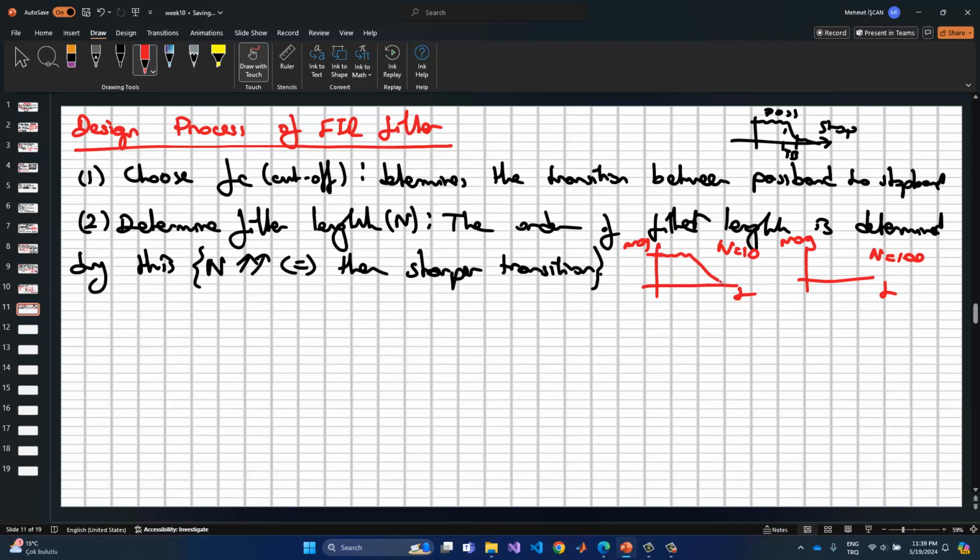If we have this kind of transition in here, just like this one, but with 10 maybe we have this kind of transition region in the frequency range.